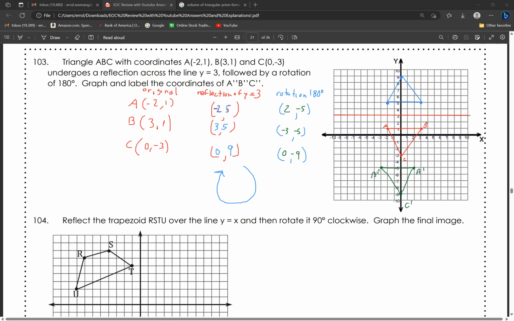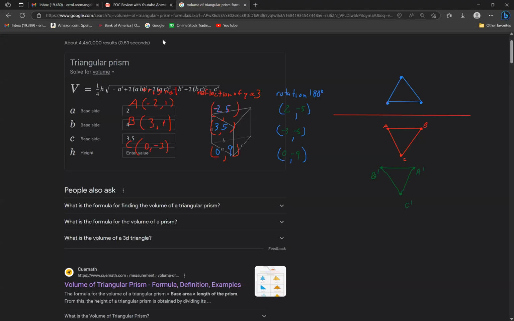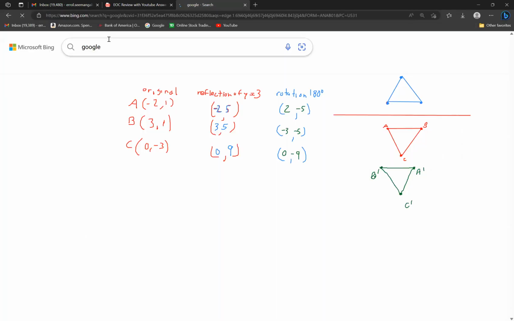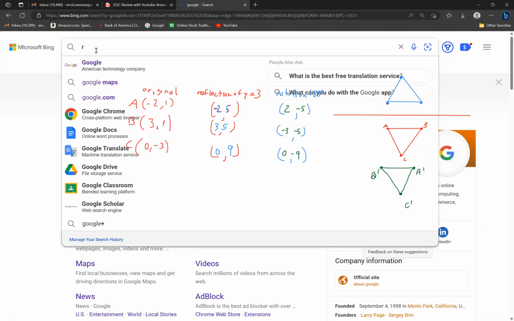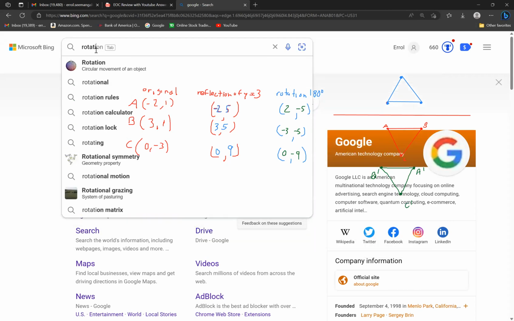Well, let me Google the rotation of 180 just to make sure that's right. Well, it seems like it's right. Let me just double check that. Yeah, we got it right.